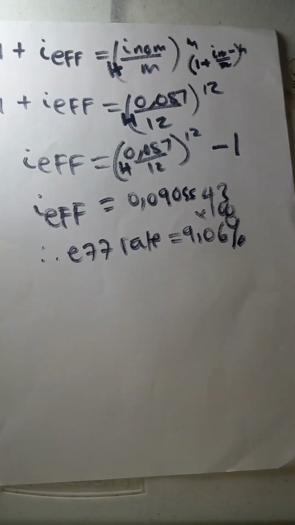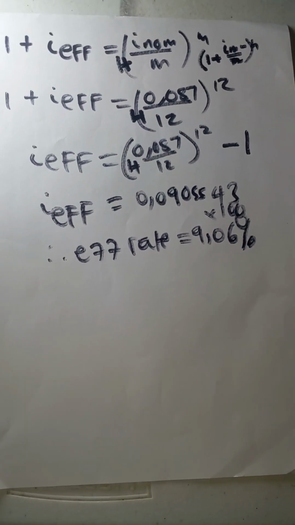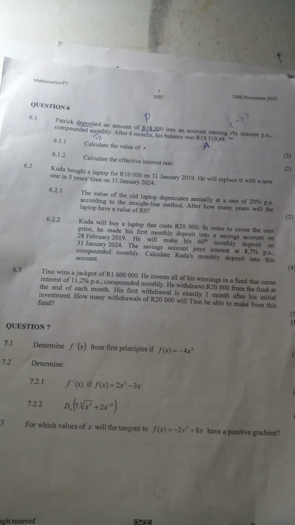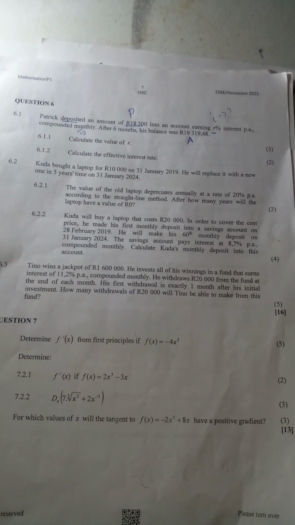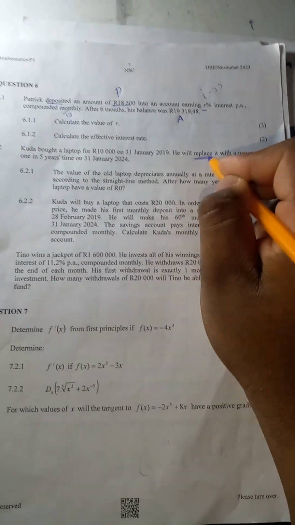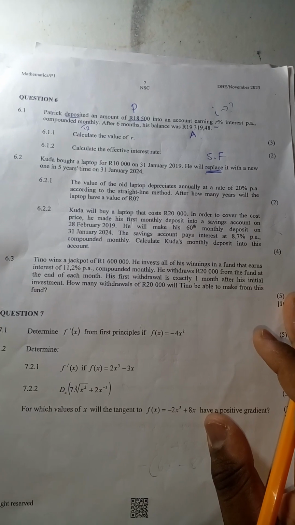It is out guys. Let's check the next one, which is 6.2. Now they're saying that Kunda bought a laptop for 10,000 on 31 January 2019. He will replace it with a new one after 5 years. When they say replace, it is telling me that we are going to be talking about a sinking fund.